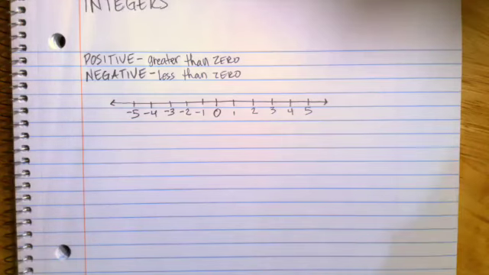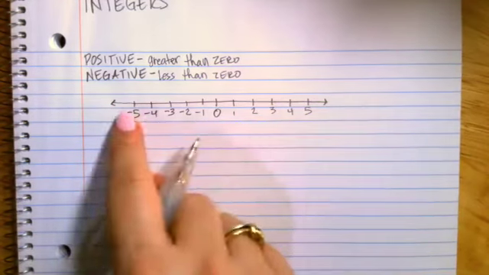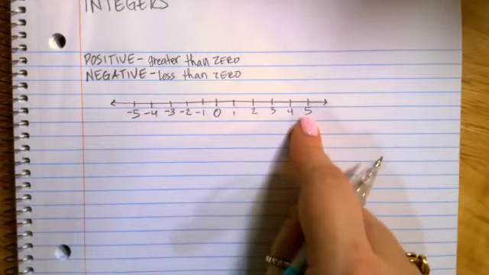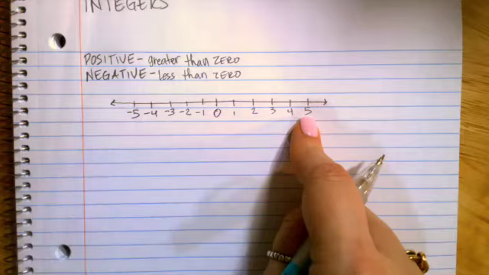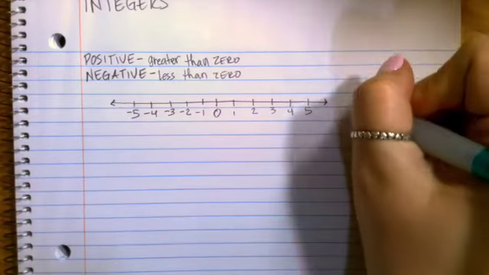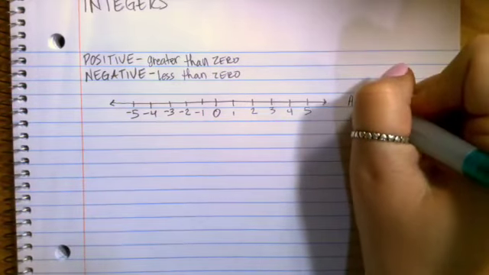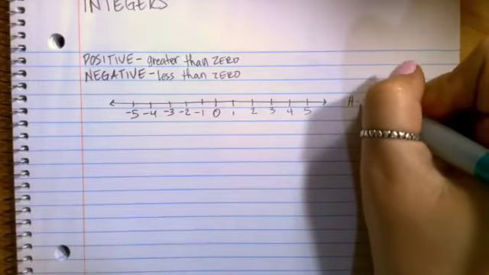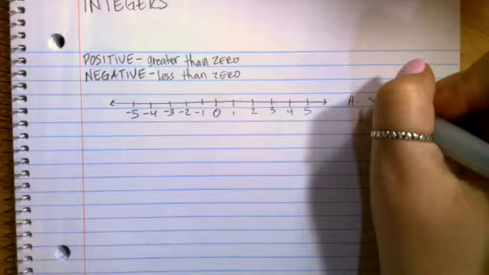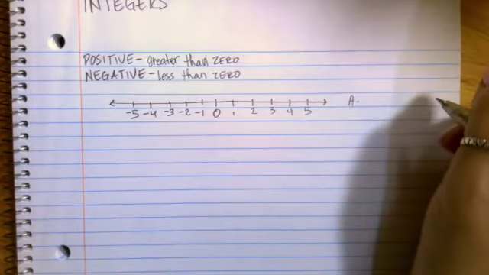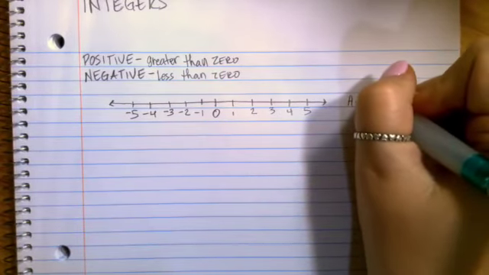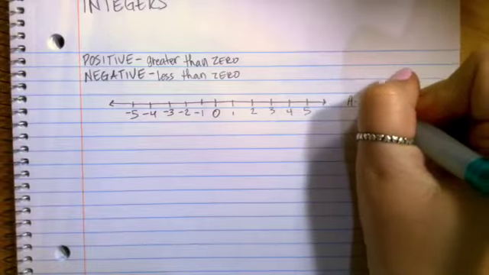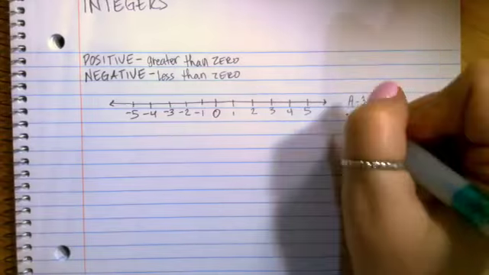Okay, sometimes we are asked to identify numbers on a number line. They could simply be saying, location A, which is let's say -3 feet from where you're standing.